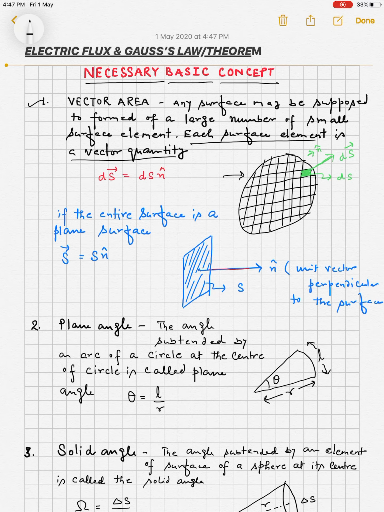So here is a surface element whose area is ds, and a perpendicular, that is the outward drawn normal, is drawn here. So n is a unit vector in the direction of the outward drawn normal.